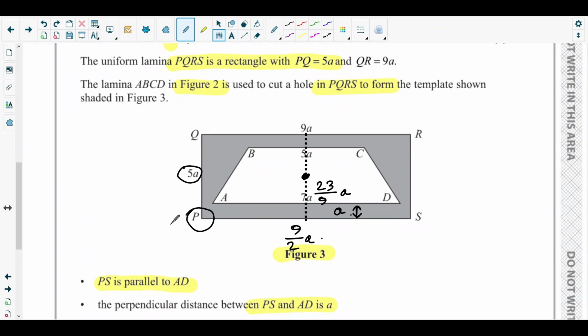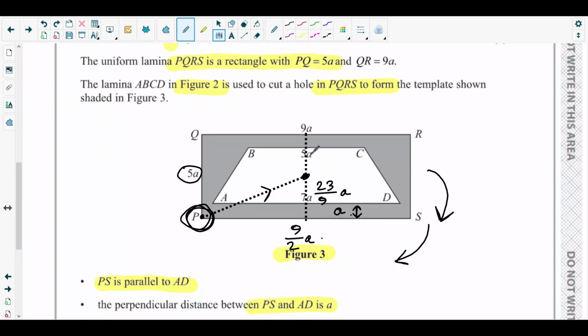Now when the template is suspended from the point P, it will be in equilibrium when it gets suspended along this way. Because as you suspend it from point P, the center of mass is there, so there will be a resultant moment in this way due to the weight of the template, and therefore the template will rotate this way.